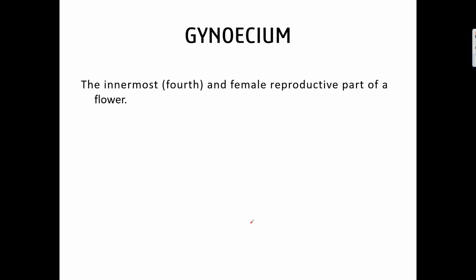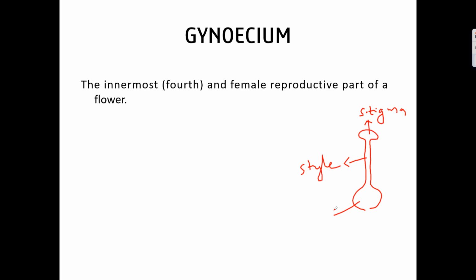Now let us talk about the Gynoecium. The innermost whorl, the fourth whorl, is the Gynoecium. This is how the Gynoecium looks, right? It has three different parts. This region is called the stigma. This region is called the style.